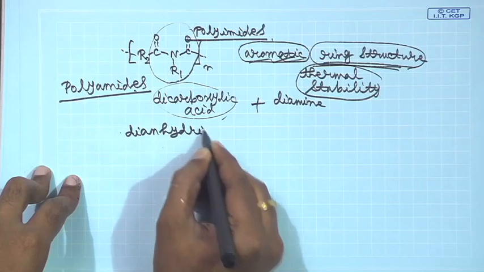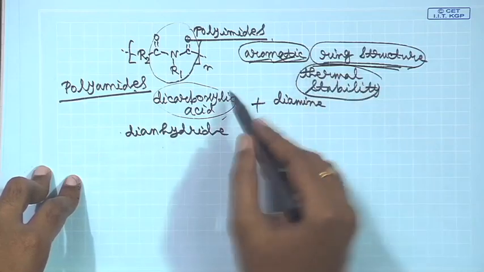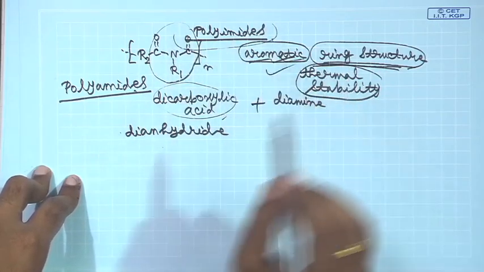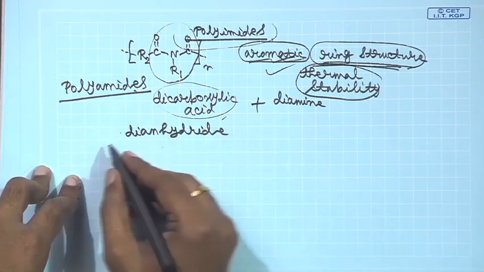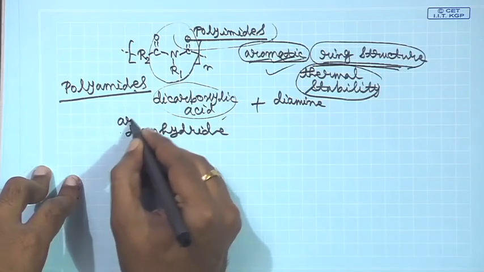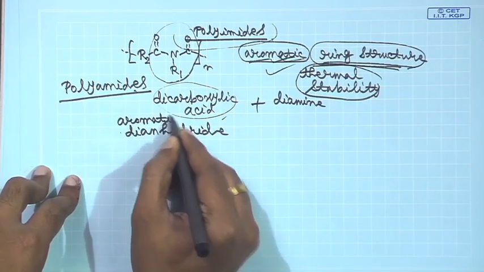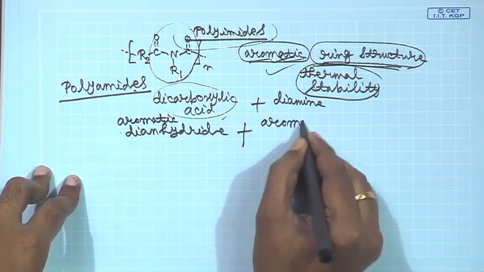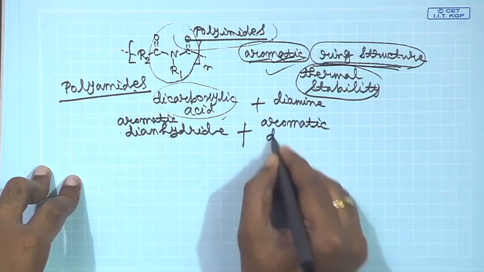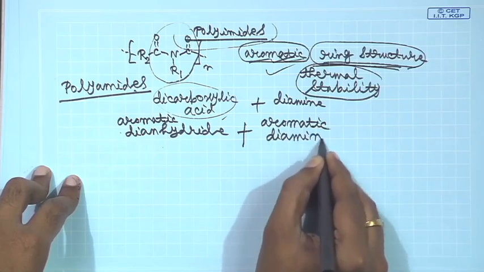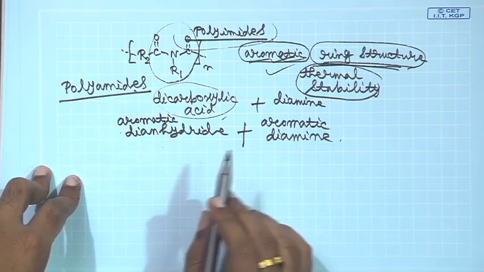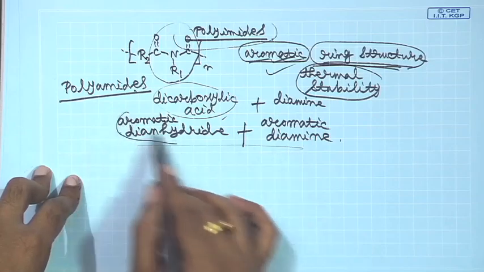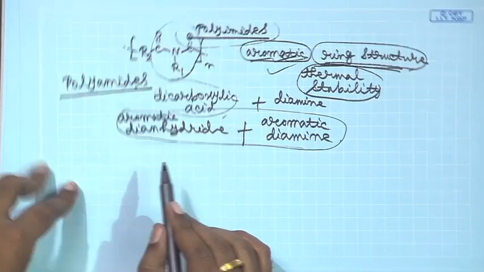Of course, in this case it will be an aromatic dianhydride, because you are talking about aromatic polyimides, and those are the most important polyimides. So, you start with an aromatic dianhydride, and you react that with an aromatic diamine. Typically this process is a two-stage process.